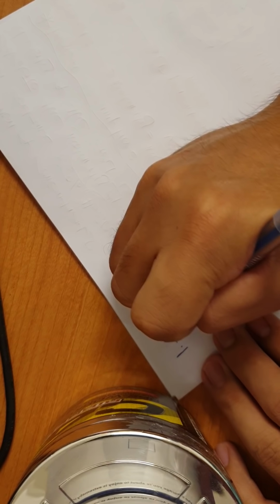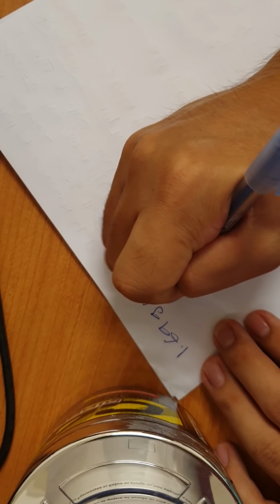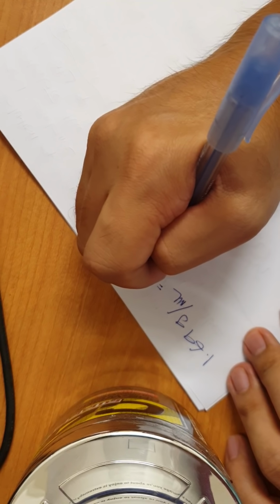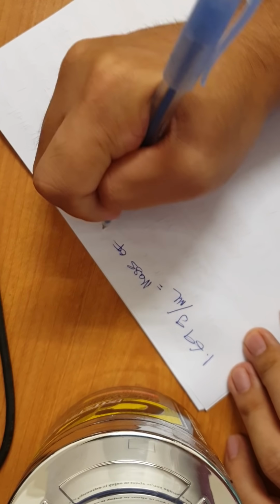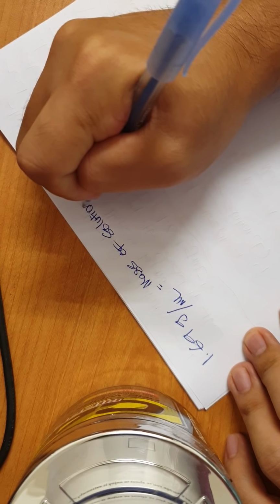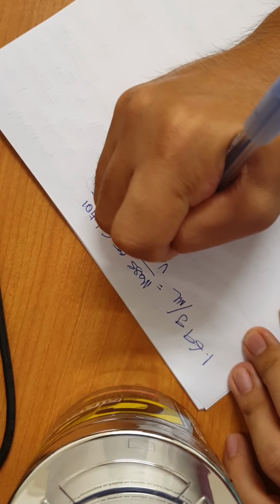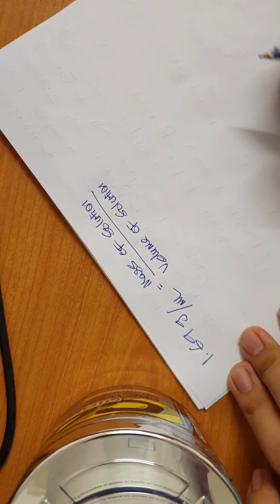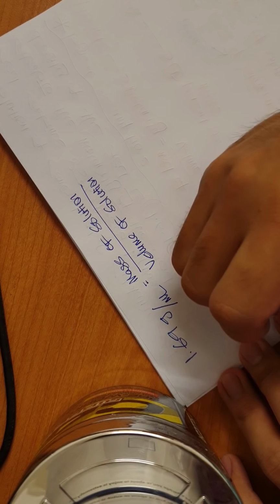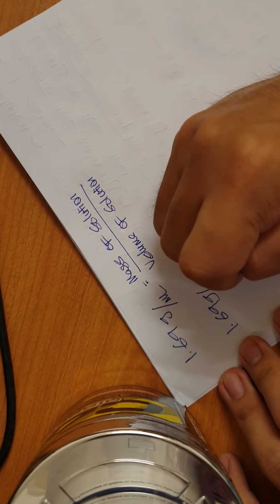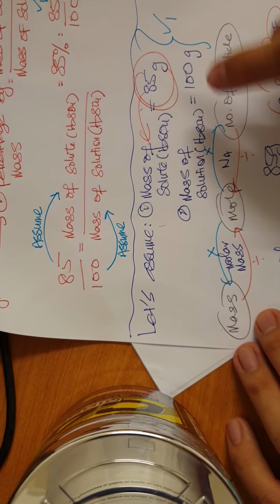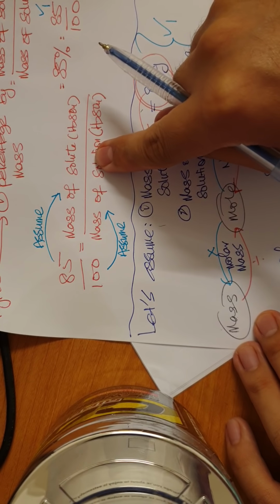So remember just now, the density of solution is 1.69 gram per mil. This is defined as mass of solution over volume of solution. Okay, so 1.69 gram per mil. Mass of the solution, we have made the assumption just now from there.